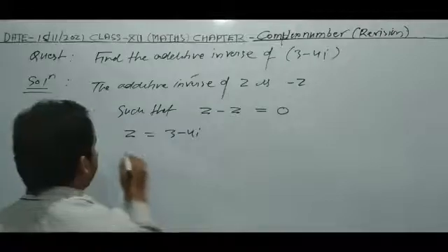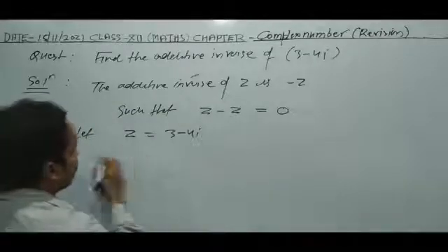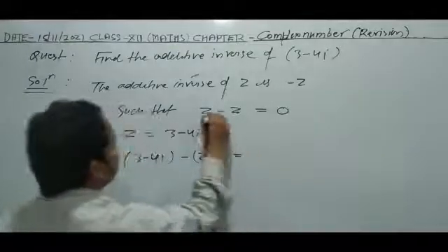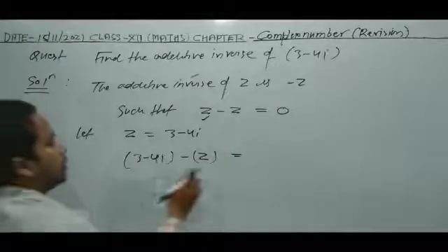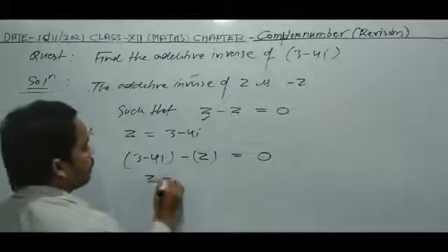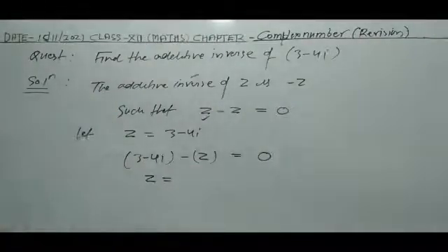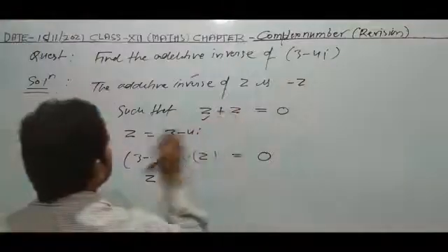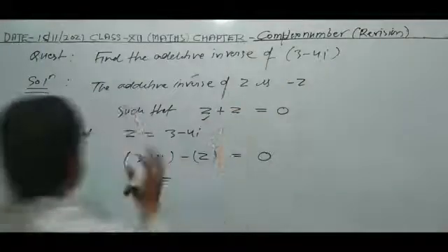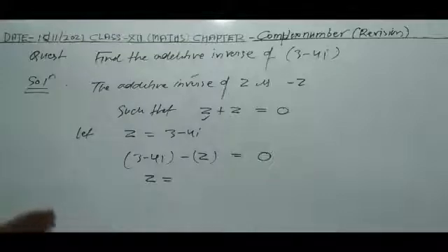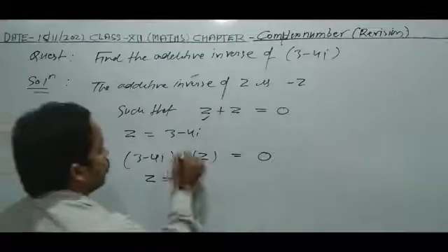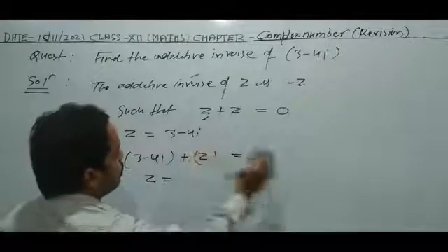So 3 minus 4i minus z, we have to put the value of z at this place, is equal to 0. So z will be equal to, we have to add minus z. So the additive inverse, we have to add those complex numbers, so the result you will get 0. So plus z, we have to get 0.